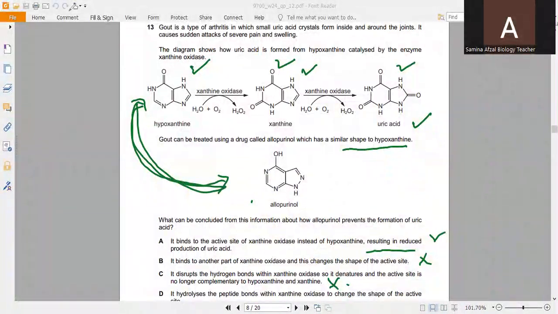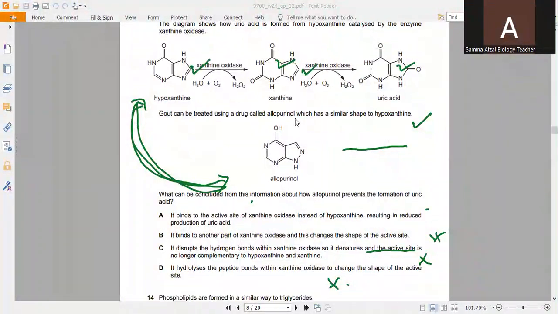Now the last option is D. According to option D, it hydrolyzes the peptide bonds in xanthine oxidase to change the shape of the active site.